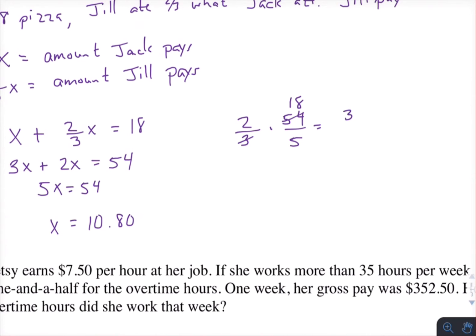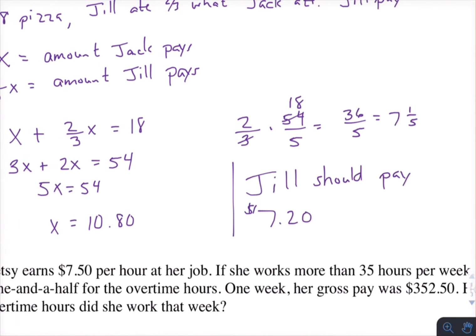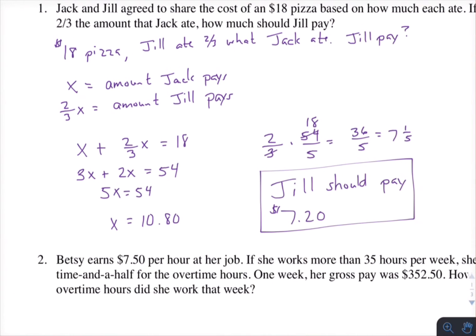So that's 36/5, which is 7 1/5. So Jill should pay $7.20. Another way we could have done that is just subtract $10.80 from 18. But this way it works out. Either way, Jill should pay $7.20, and that's how we take care of that.